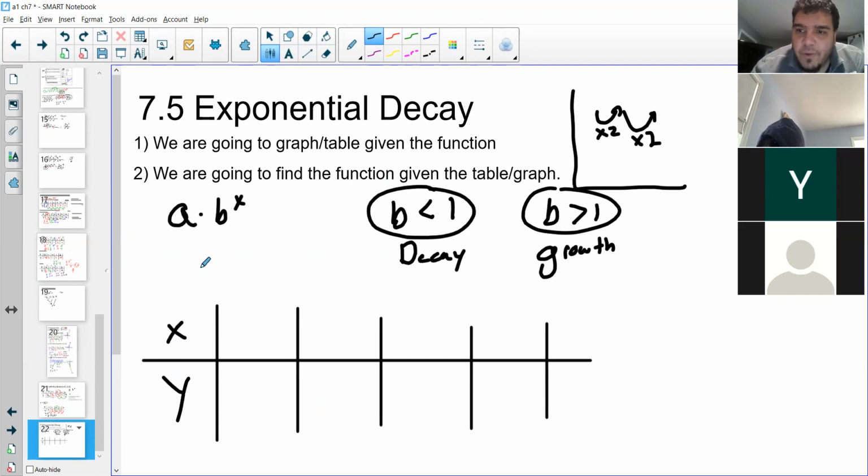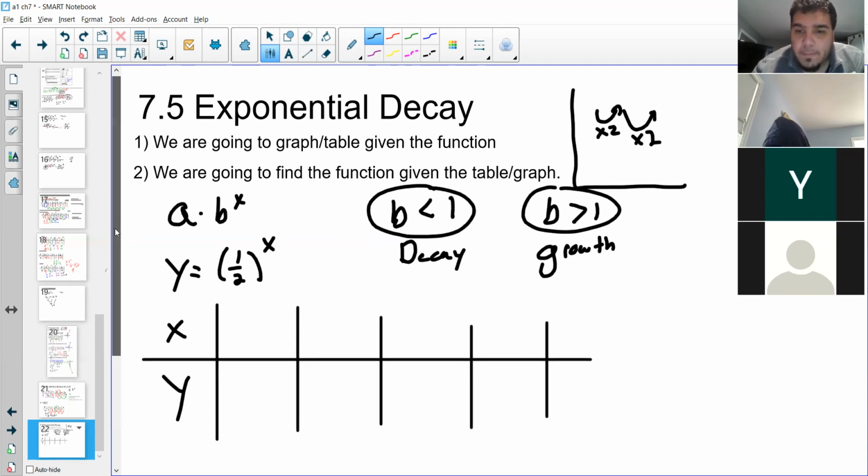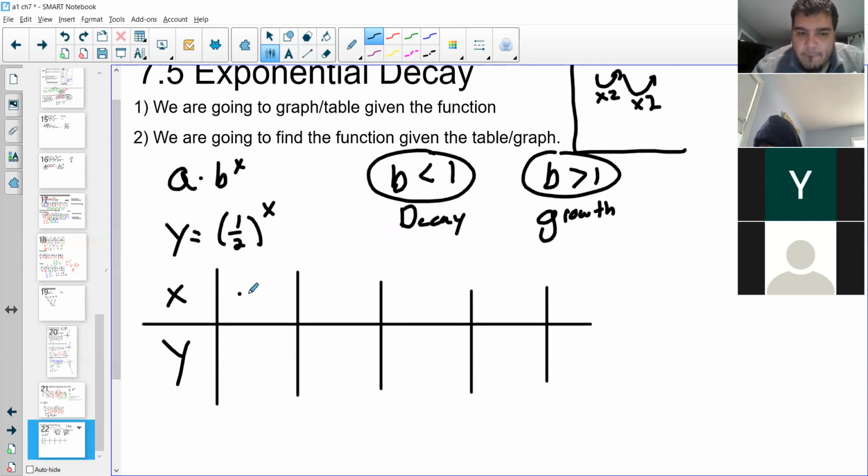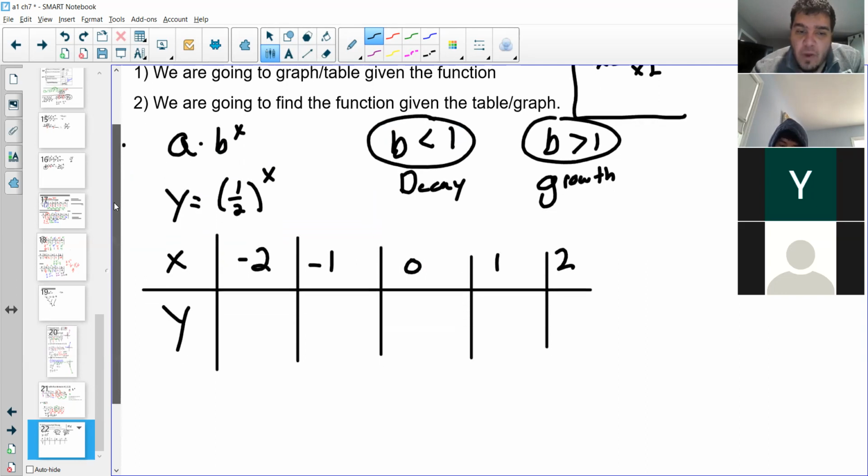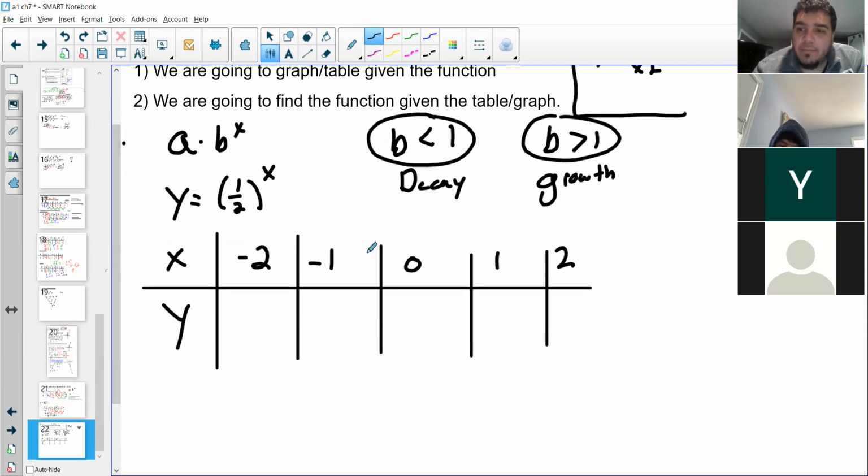So our first one, let's do a very simple one: y equals 1/2 to the x power. Remember, if I don't point out the domain, make the domain -2 to 2.